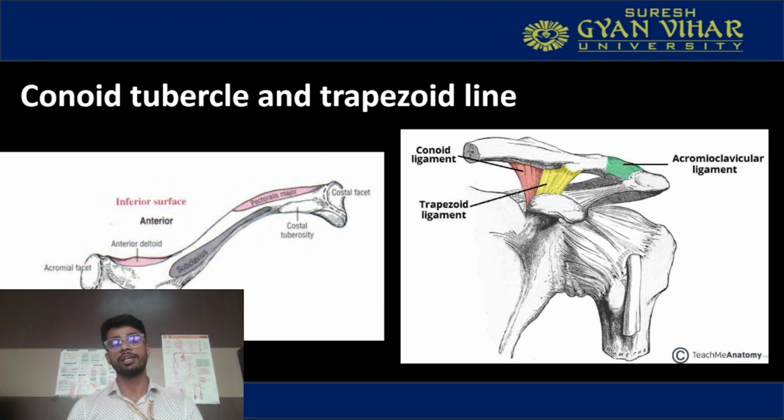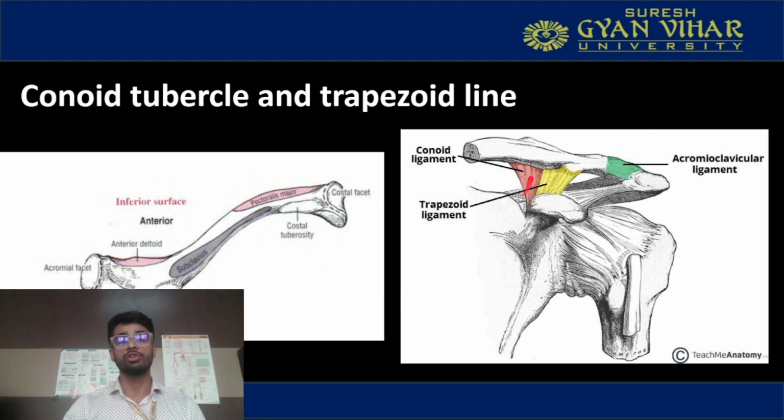Now there are two more important things we must know about the clavicle. On the inferior aspect of the clavicle there is the conoid tubercle and the trapezoid line, which are the attachment sites for the conoid ligament and the trapezoid ligament. These are part of the coracoclavicular ligament, which connects the coracoid process of the scapula with the clavicle. This ligament has two parts.